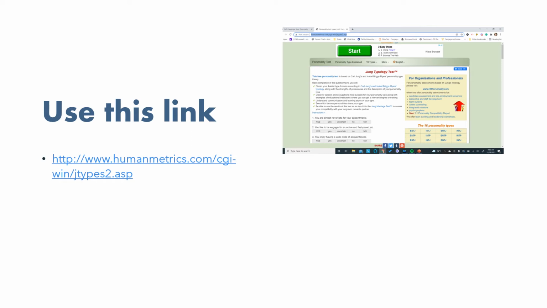There are 64 questions. Make sure that you do it correctly, which means that when you're getting ready to take it, be prepared to answer the 64 questions. Don't rush through them, but at the same time, don't overthink them. You'll notice that there's a big yes, a small yes, an uncertain, a small no, and a big no.